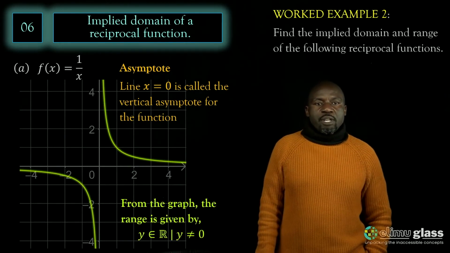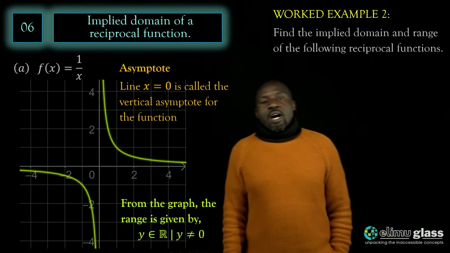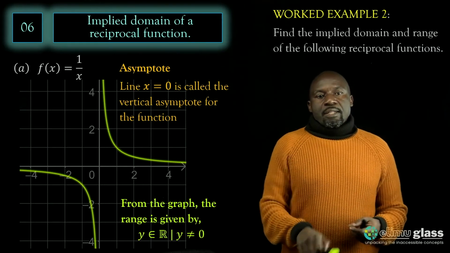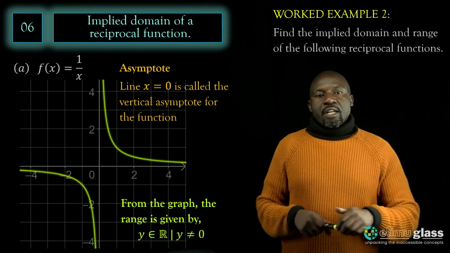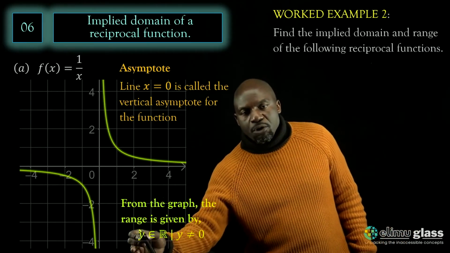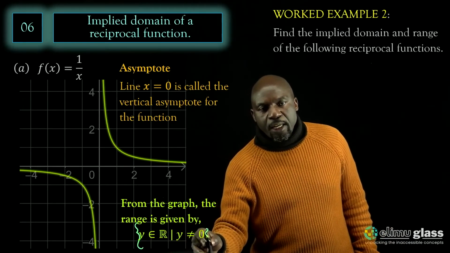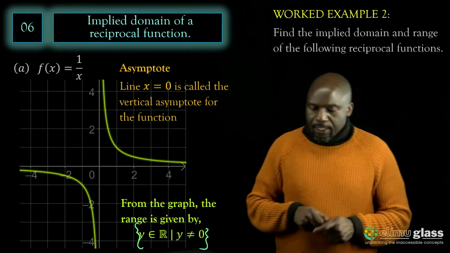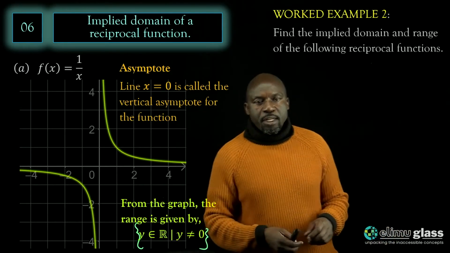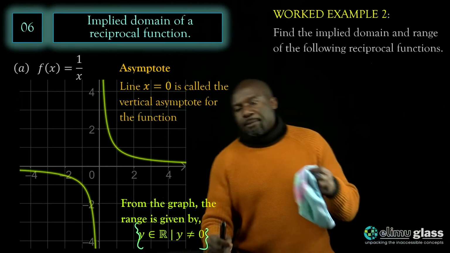So from the graph, the range is y is real, such that y cannot take a value of 0, and of course we need to put the curly brackets here and here because it has to be a set in set builder notation.